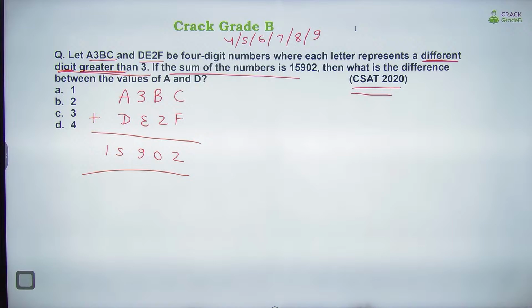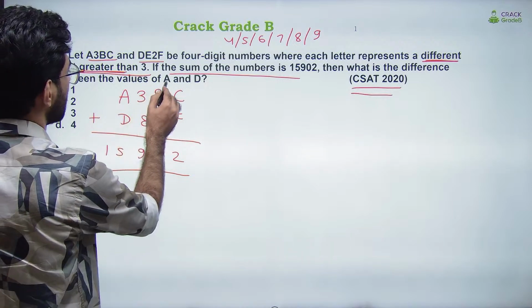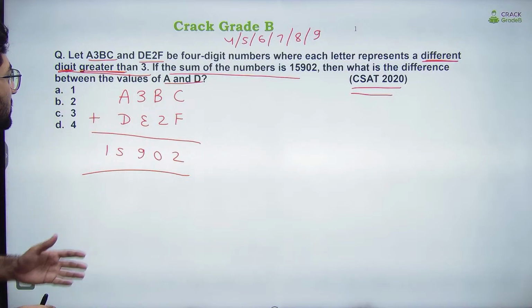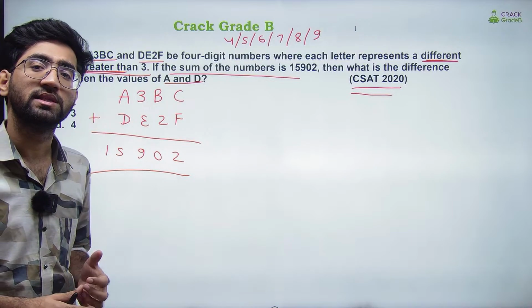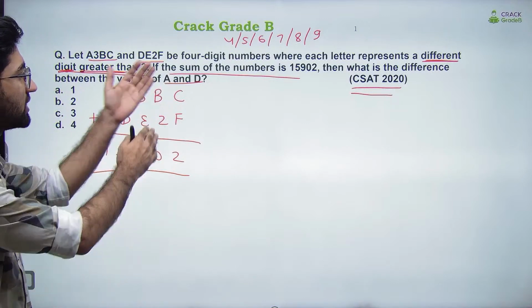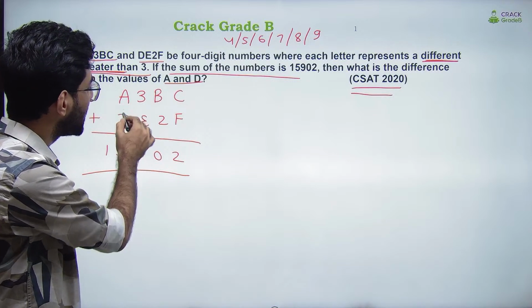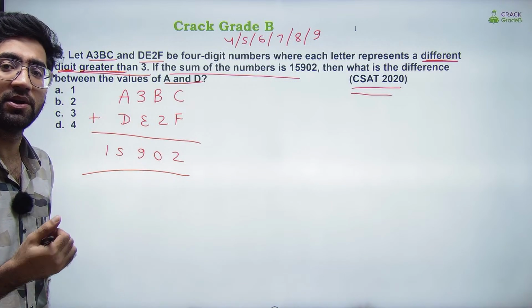Then you have to answer what is the difference between the values of A and D. If you look at the options, they are 1, 2, 3 and 4, right? So obviously you will have to find the values of A and D, then you will be able to answer.